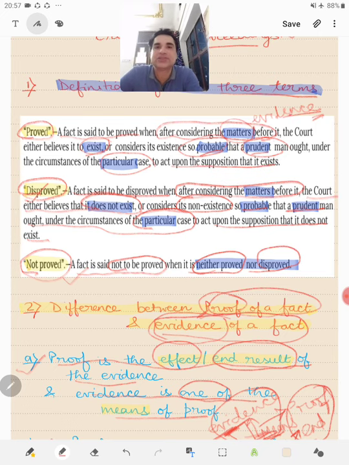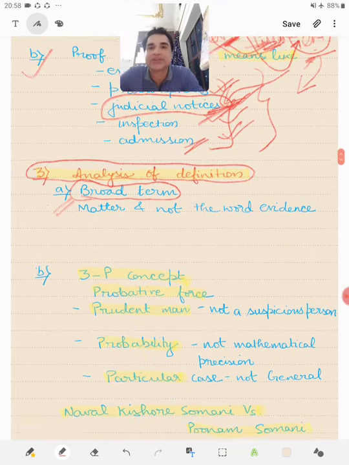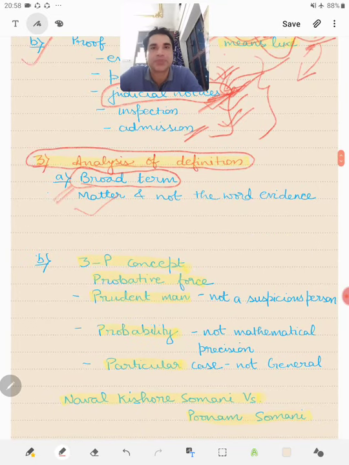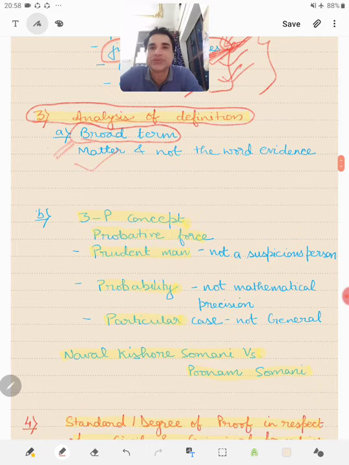So matter consists of many things like judicial notices, admissions, presumptions. Apart from these, the word evidence will certainly come in it. Similarly, disproved, and also it is after considering the matters before it. So it is not limited to evidence; rather it is a broad terminology where other things apart from evidence also come into play. So this is one thing, that it has a broader definition and a broader term is used.